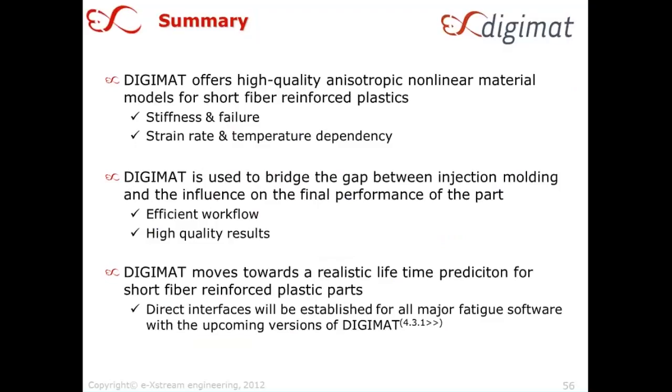They include strain rate and temperature dependency. With these models, you can use DIGIMAT to bridge the gap between the injection molding simulation and the influence of the fiber orientation on the final performance of the part. So we have some efficient workflow in place for everything you need to deal with that situation, and it yields high quality results. So this we know from our experience.